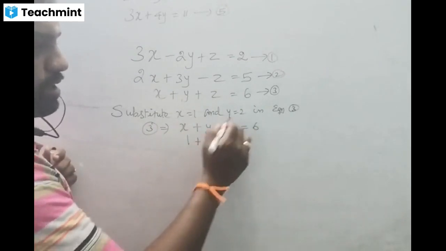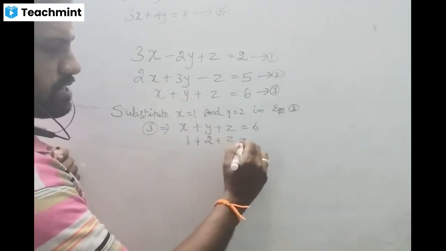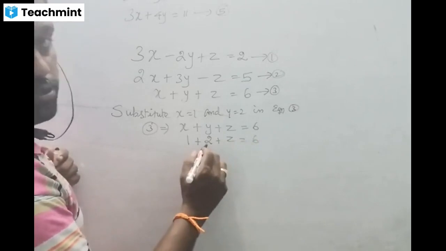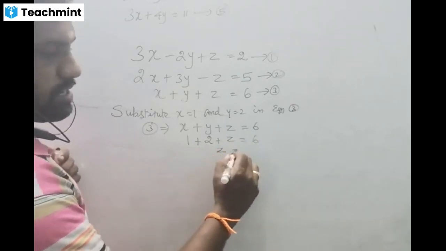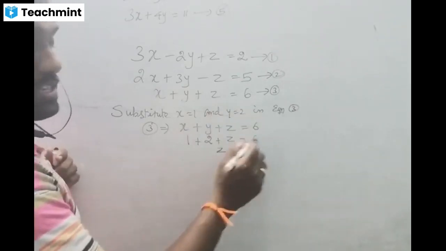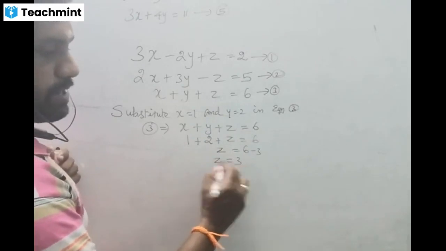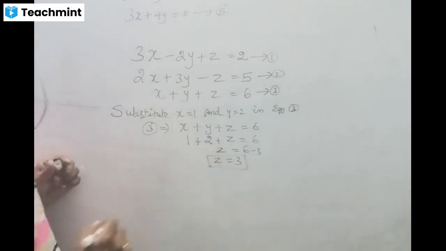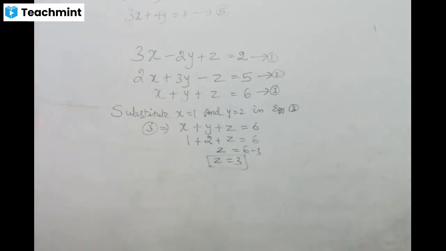So 1 plus 2 is 3, z equal to 6 minus 3, so z equal to 3. So x equal to 1, y equal to 2, and z equal to 3.